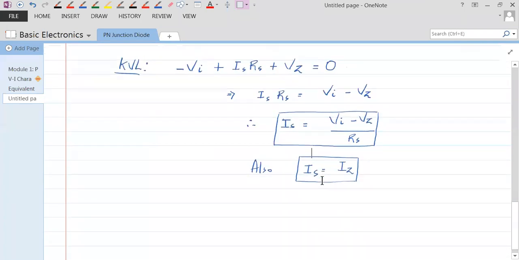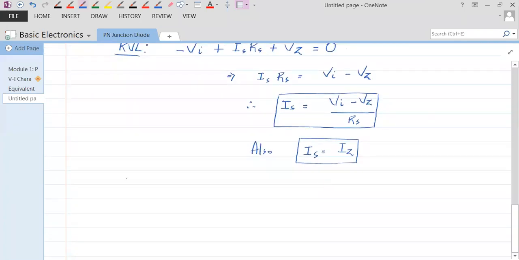Fine. Now take the second type of regulator, that is the regulator with load. Everybody copy down this heading, regulator with load. Fine. Now, how does it look like?